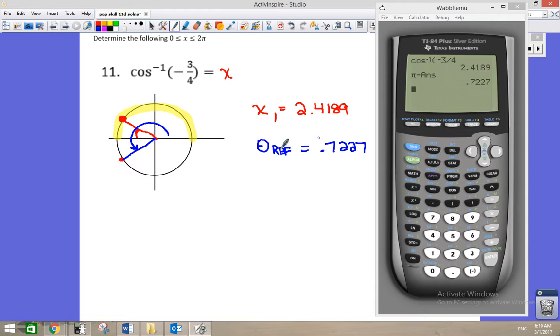So I'm just going to take this reference angle and add pi to it. And there's my second solution. There are two solutions on a single revolution, 0 to 2 pi. See, there are infinitely many x's that satisfy this equation, but only two of them are between 0 and 2 pi.